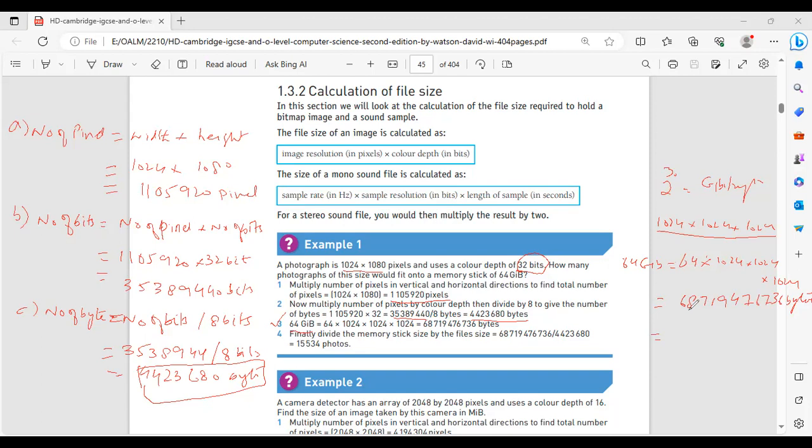These are the maximum given size, the bytes equivalent to 64 GB.